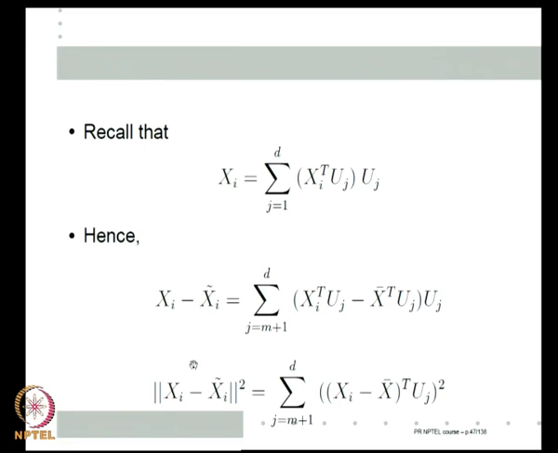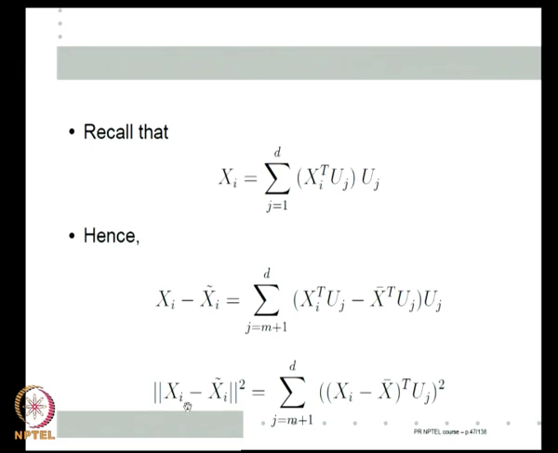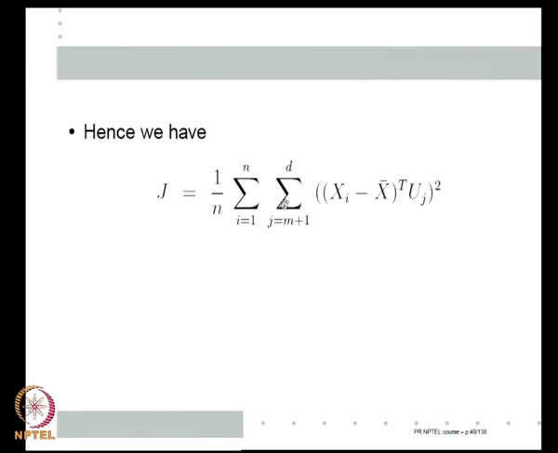Okay. So, my actual J, my actual mean square error, is the sum of this over i equal to 1 to n divided by n. So, my J is 1 by n, summation i equal to 1 to n, norm of xi minus xi tilde whole square, which is this. So, I can write that as the sum over j equal to m plus 1 to d of xi minus x bar transpose uj whole square. Now, xi minus x bar transpose uj is a scalar.